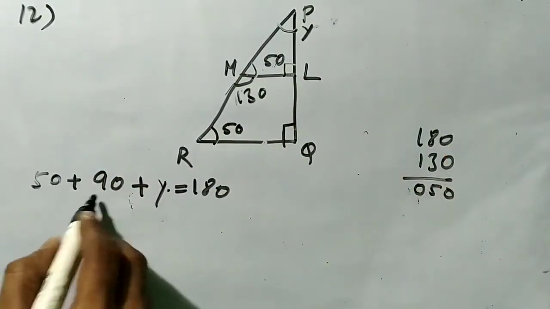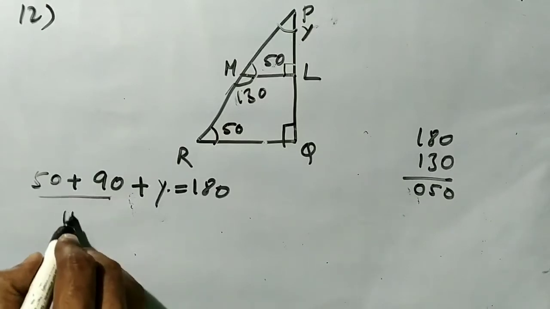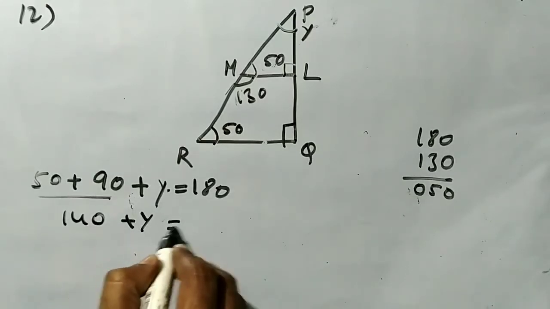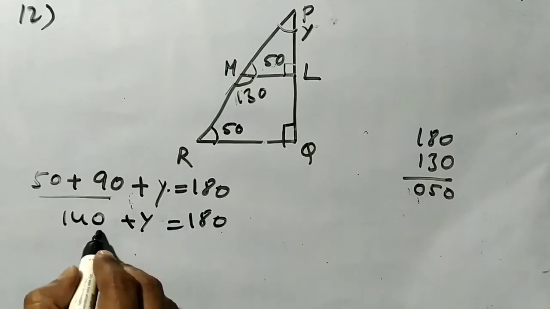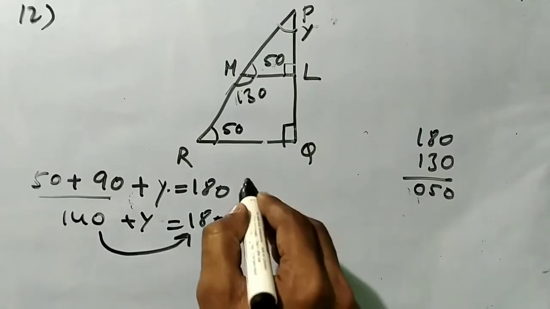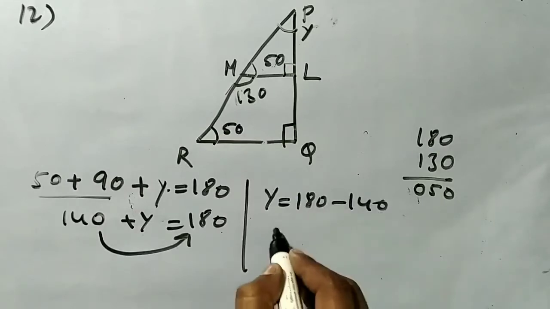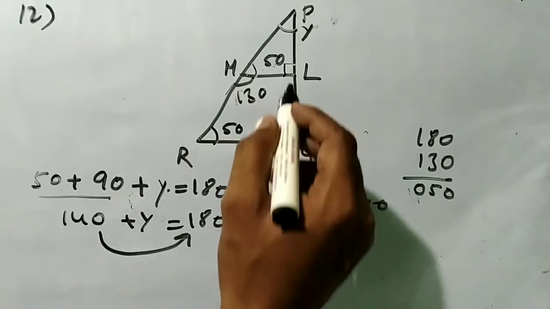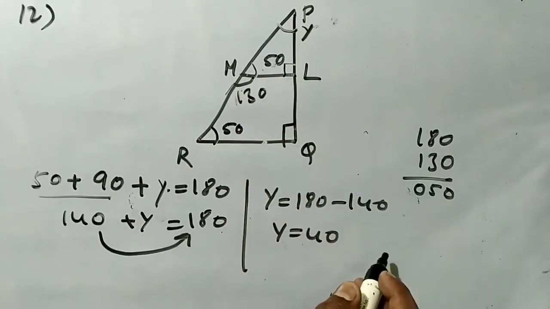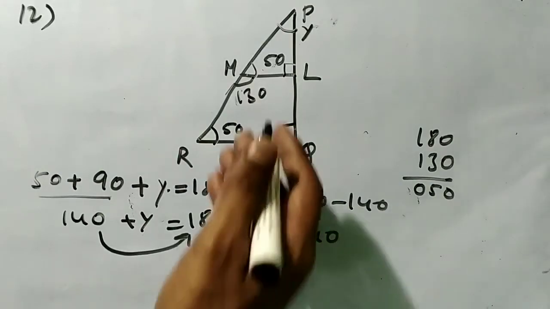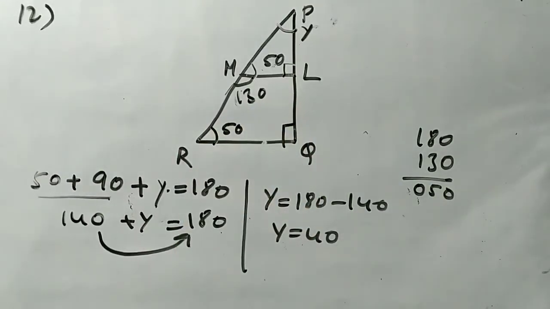So 50 plus 90 is equal to 140. 140 plus y is equal to 180. When it goes to the other side, y is equal to 180 minus 140. So y is equal to 40. We got all the angles in the triangle.